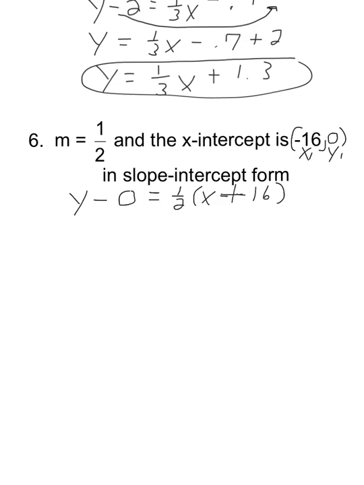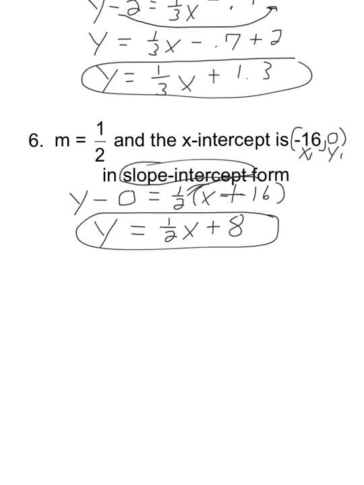And now we're ready to distribute. The 1/2 has to distribute through. So y minus 0 is just y equals 1/2 x. 1/2 times 16 will be plus 8. It wanted it in slope-intercept form, and that's what we have it in.